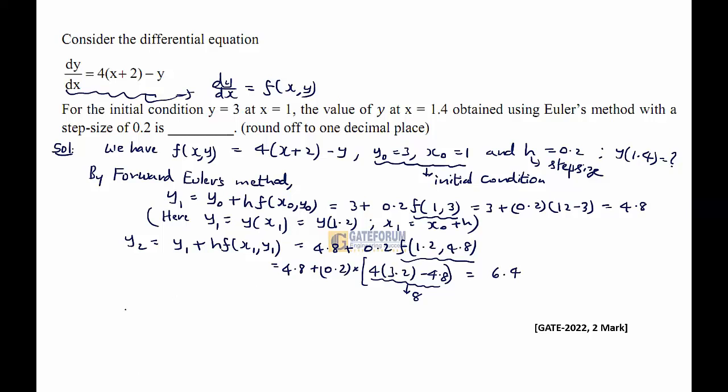Here y2 is equal to the value of y at x2, that is y of x2. What is x2? x1 plus h, so that is 1.2 plus 0.2, which is 1.4.